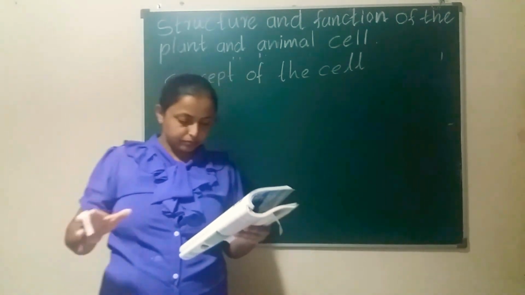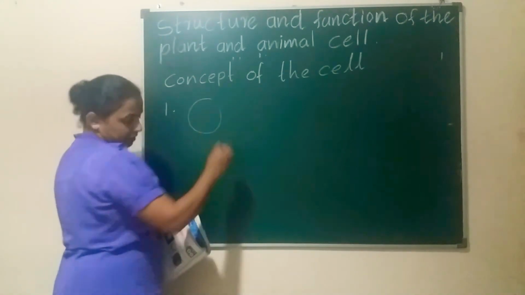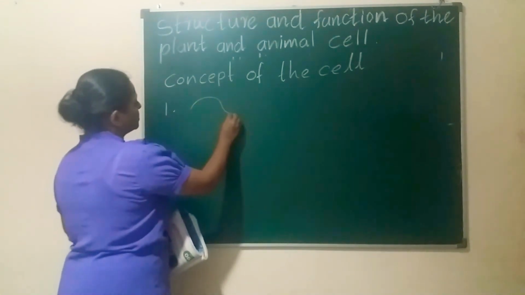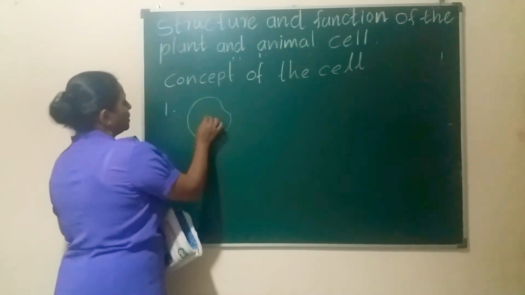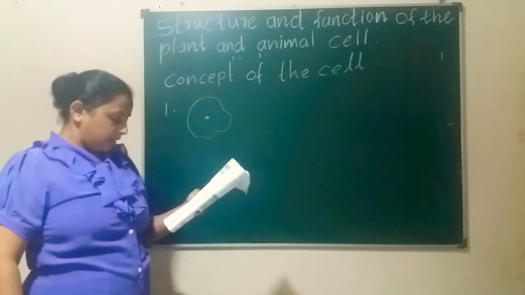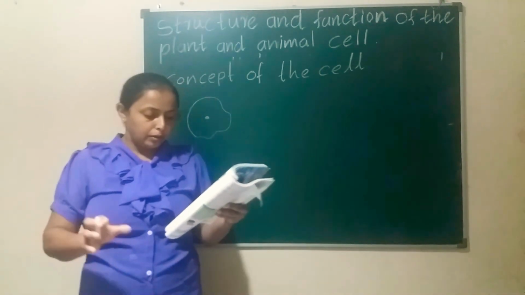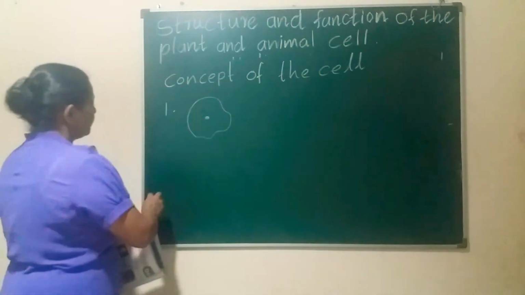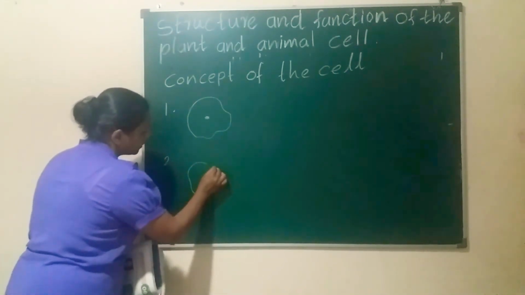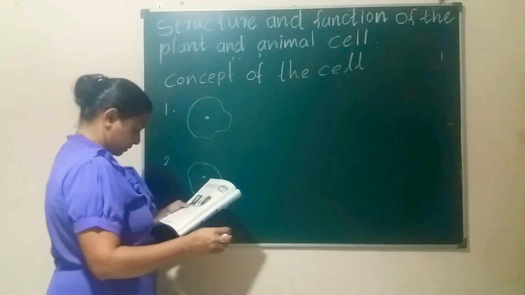Then the smallest unit. Here, the nucleus and the cell body. Second one, if it is a single cell, one cell, we call it a unicellular organism.